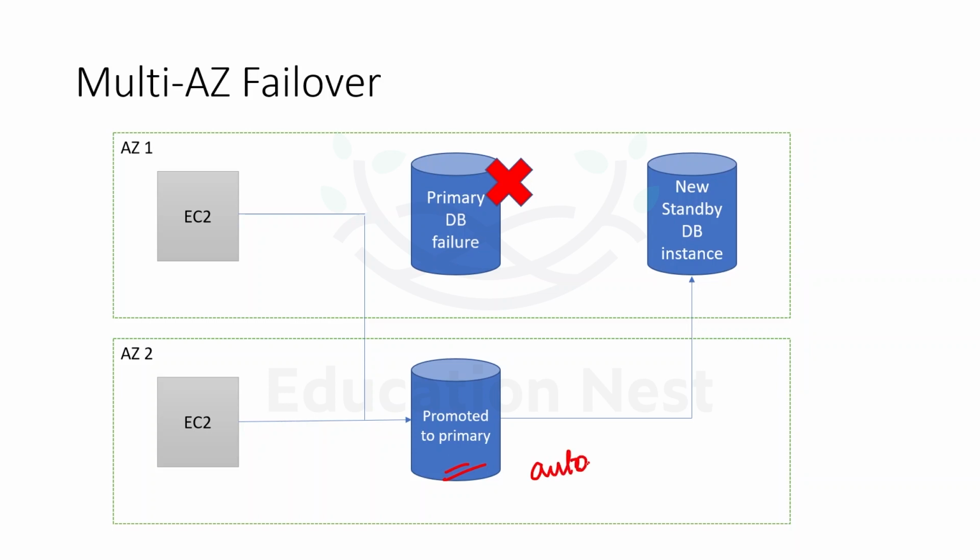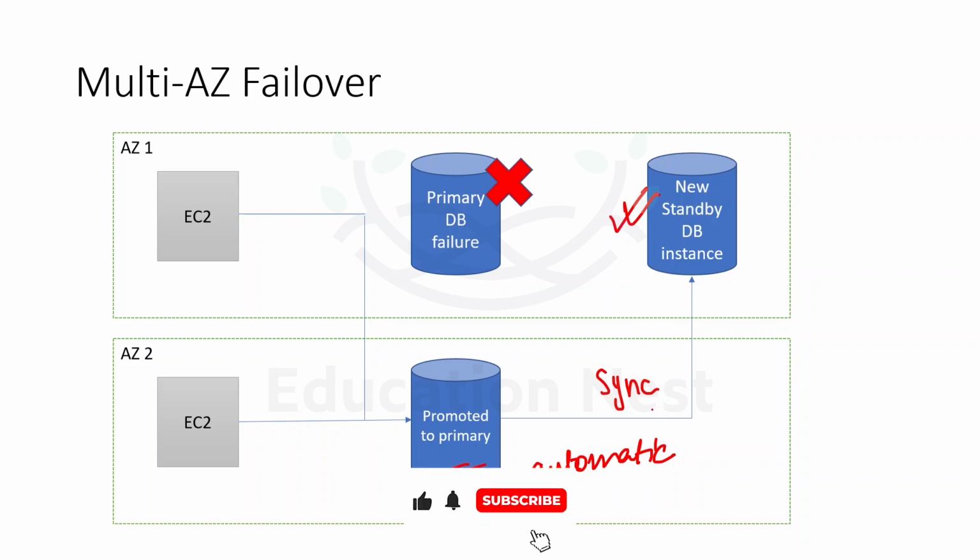This is an automatic process, with no requirement of manual intervention. And a new standby database instance would be created in availability zone 1. Again, the sync of the data would start automatically. So this is multi-AZ failover.